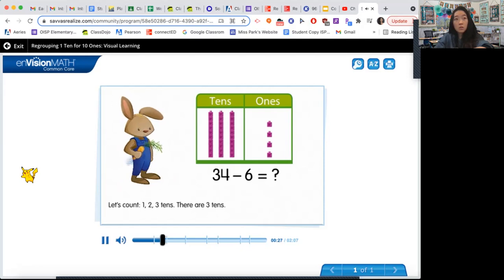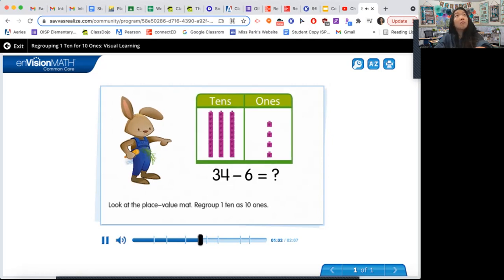There are 3 tens. How many ones are in 34? Let's count. 1, 2, 3, 4 ones. There are 4 ones. There are not enough ones to subtract 6. Do you need to regroup to subtract 6 ones? Yes, you need to regroup. How do you know? You cannot subtract 6 ones from 4 ones.